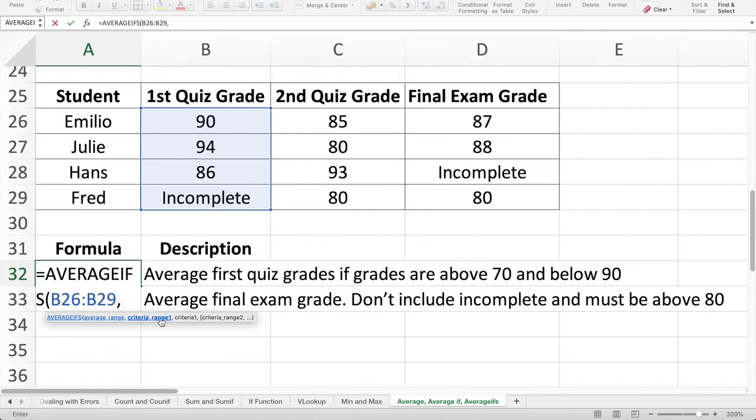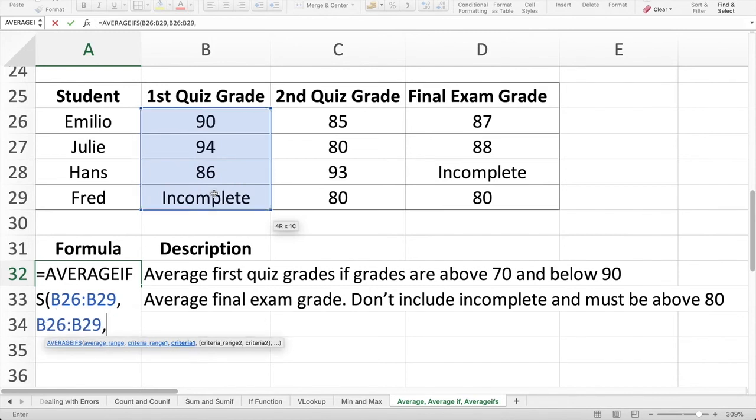Since the criteria 1 which we are about to have is above 70, that is also applied here. So it is also the same as B26 going to B29, our criteria range 1. Now our criteria 1 will be the grades must be above 70.